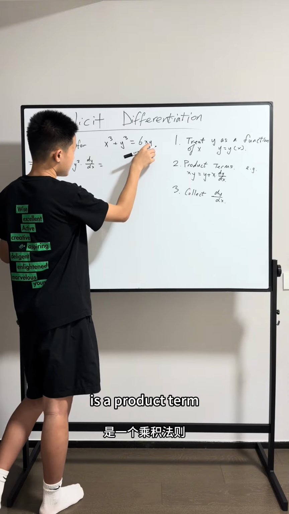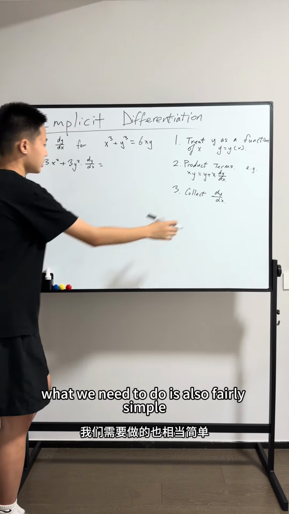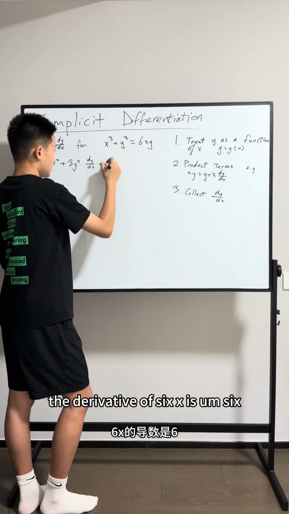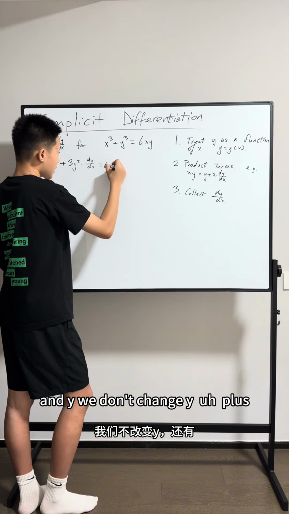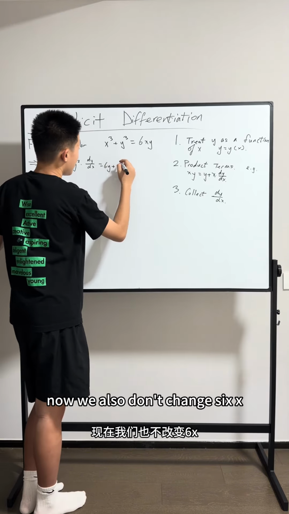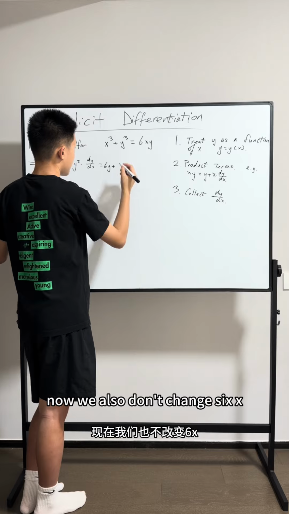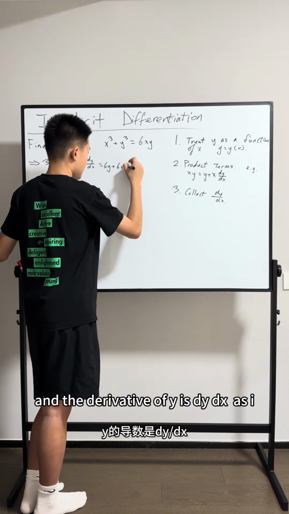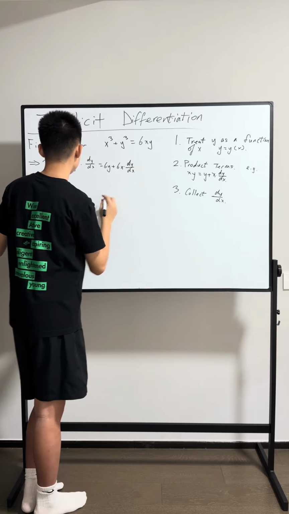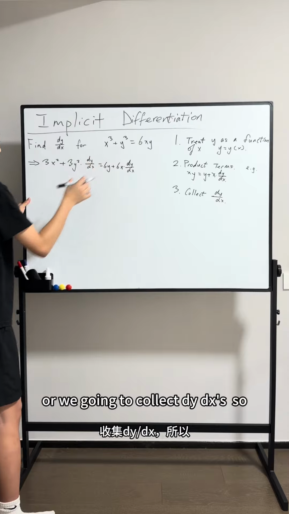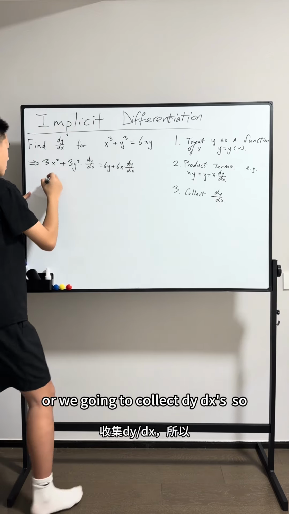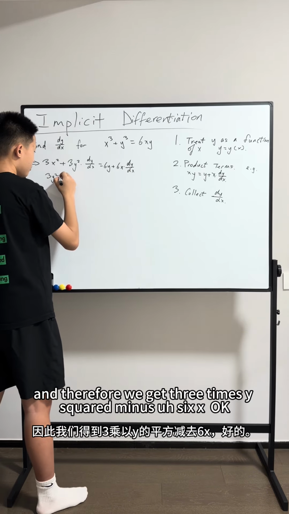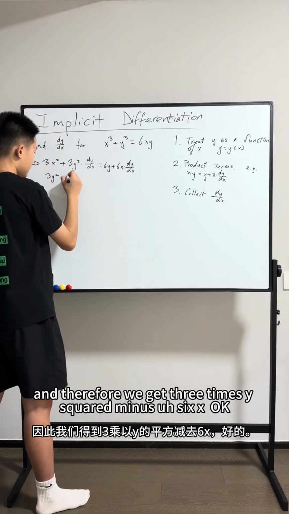Now here, as I said, is a product term. What we need to do is also fairly simple. The derivative of 6x is 6, and then y, we don't change y, plus, we also don't change 6x, so 6x right here, and the derivative of y is dy dx, as we just mentioned. Now we're going to collect dy dx's. Let's move this term to the left, and therefore we get 3y squared minus 6x.